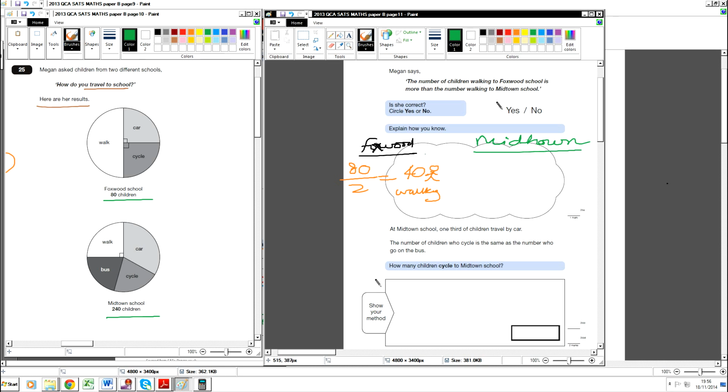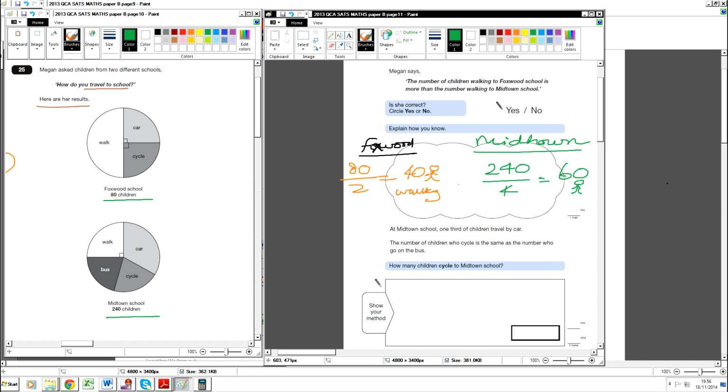Midtown School. In Midtown School, the walking was only a quarter. But the number here was not 80, it is 240. So we have to work out a quarter of 240. We divide 240 by 4, which gives us an answer of 60. So would the answer be yes or no? Hang on, I'm doing the working out first.